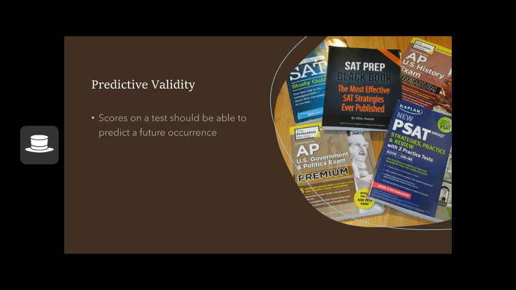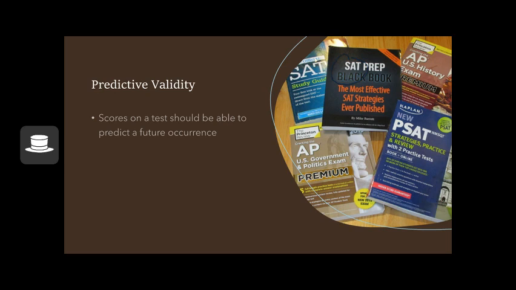Well, they do. But the purpose of them is to predict how you would have done in some future thing, right? So the SAT tells you what your first semester GPA in college is likely to be, right?